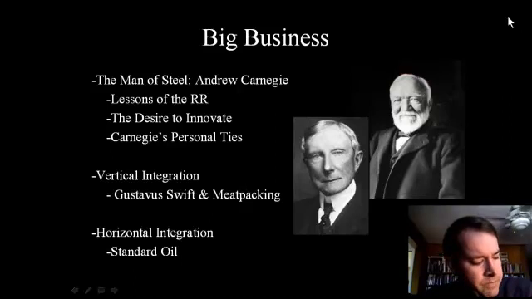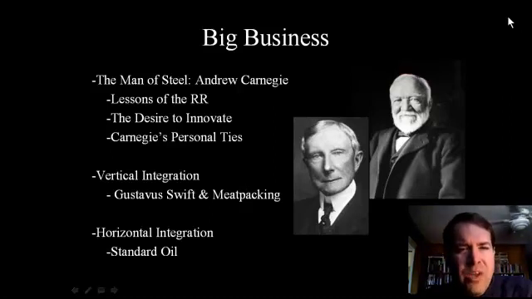In 1901, he would offer Carnegie $480 million for Carnegie Steel. That's $480 million in 1901 dollars. Calculated for inflation, that's somewhere between 13 to 15 billion with a B today. Of course, Carnegie is not going to pass this up, and he sold out.